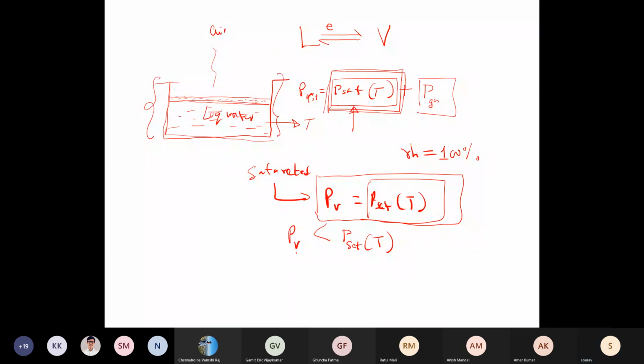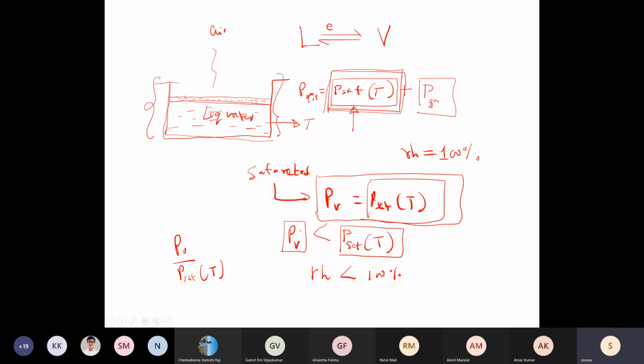That is, the partial pressure of water vapor could be lower than the saturation pressure of water at that particular air temperature. So this is the condition where RH is less than 100%. So what is RH? RH is nothing but PV over Psat at that particular temperature. So there comes the definition of RH.